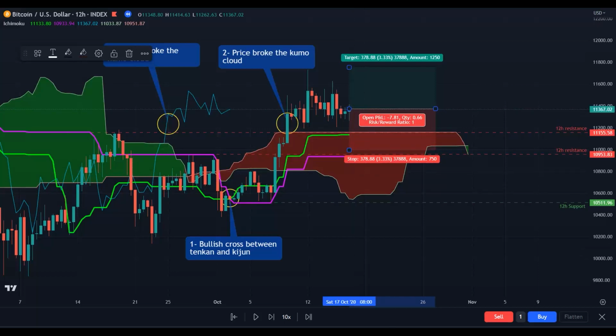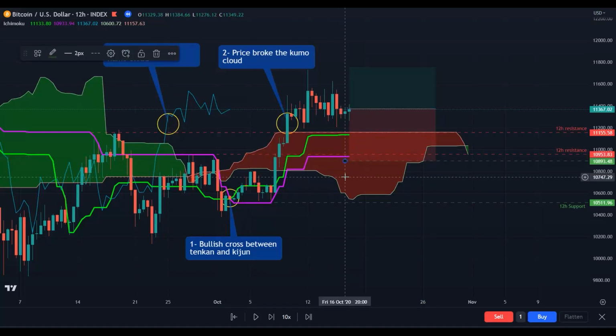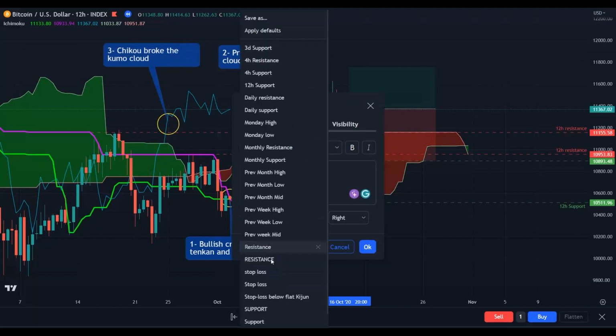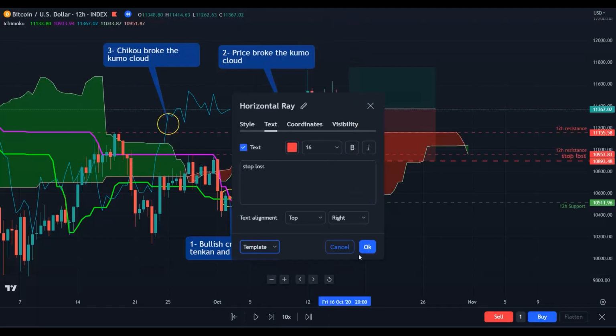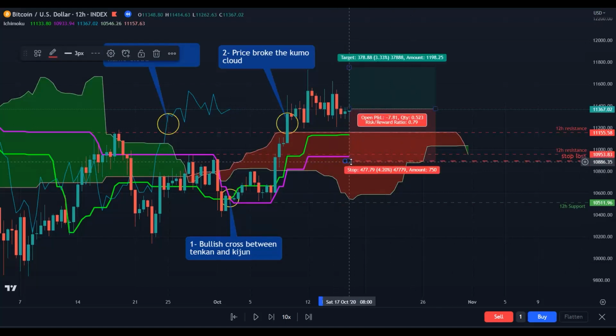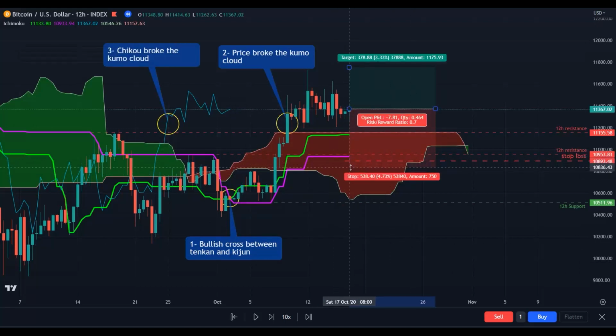Okay, so in this situation, you can put your stop loss below the flat Kijun-sen. This flat Kijun-sen acting as a support for us, is a strong support for us. So the first level to put your stop loss is here, acting as a support. Okay, so I'm gonna select this as a stop loss. The second level you can put your stop loss is below the Kumo cloud, which will be here.